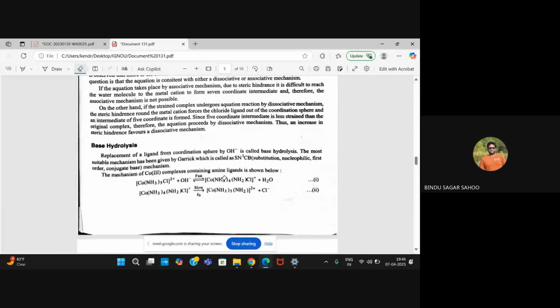Okay, so you can see here, there are three steps. First step, second step, third step. In the first step, this is an equilibrium process, that means the forward and backward reactions can go simultaneously.